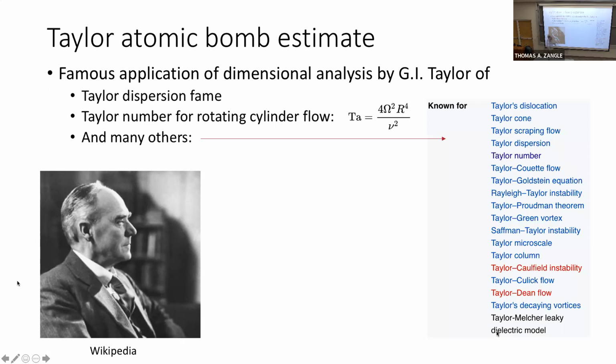And many others. If you go to Wikipedia and look at G.I. Taylor, you end up with a node for all of these things. It's an interesting phenomenon. He did a lot of great work.